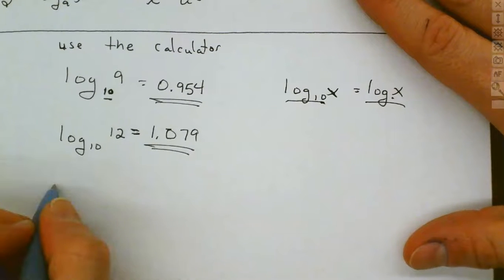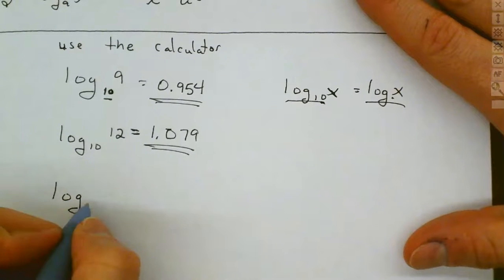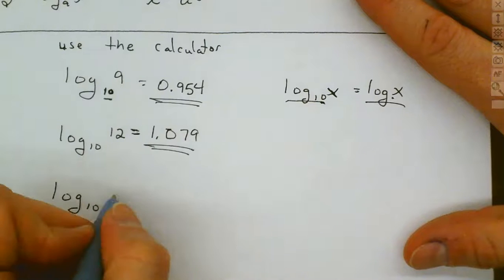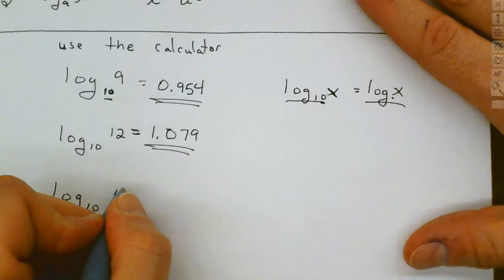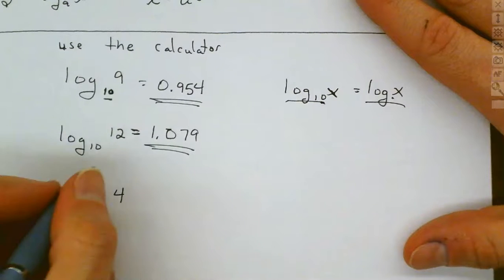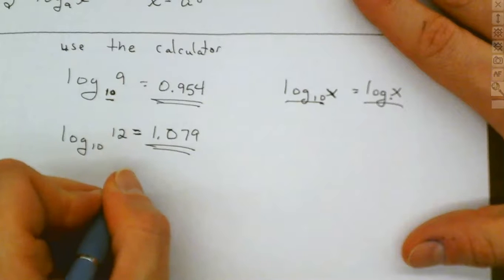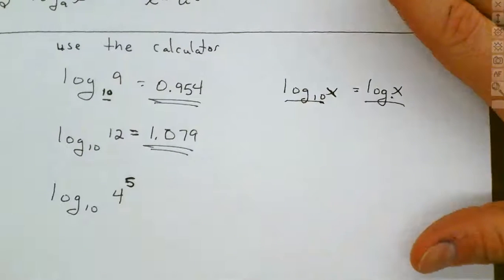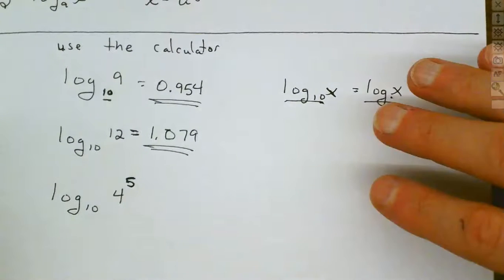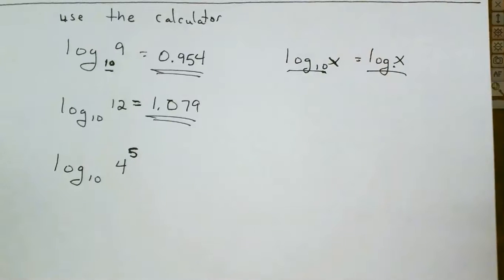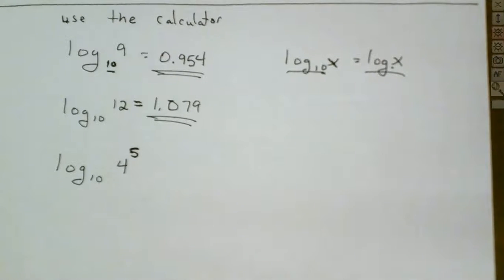Now let's try another one. Now, how would we work this one out? Yep, and I'm going to show you 2 different ways of working this one out to get the same result.